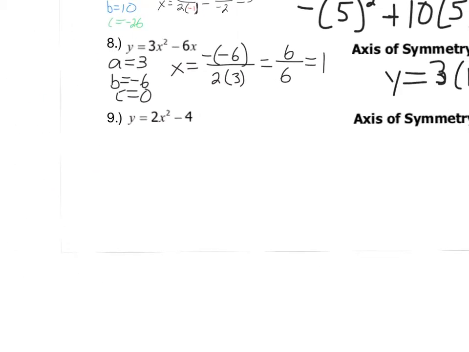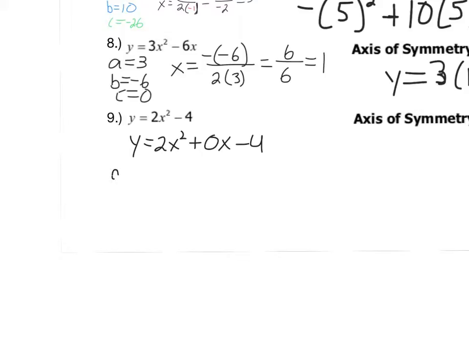And then the last one, number 9, y equals 2x squared minus 4. Be careful because this negative 4 here is not your b value. In fact, we could rewrite this as y equals 2x squared plus 0x minus 4. And remember, b is the number that's in front of x, which in this case is 0.